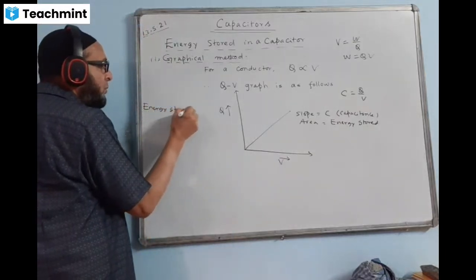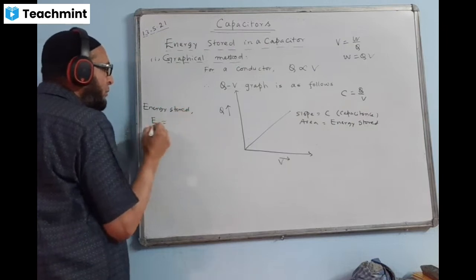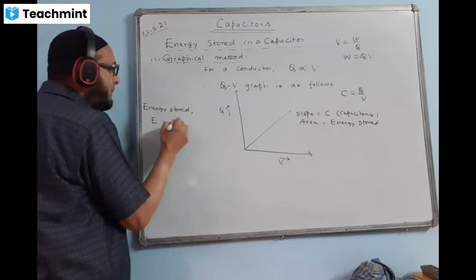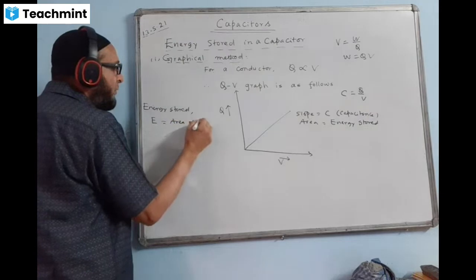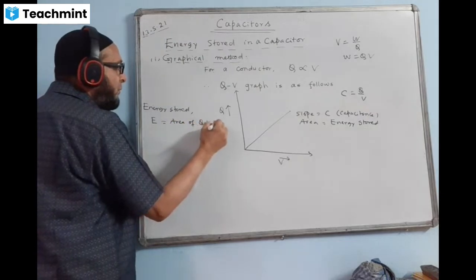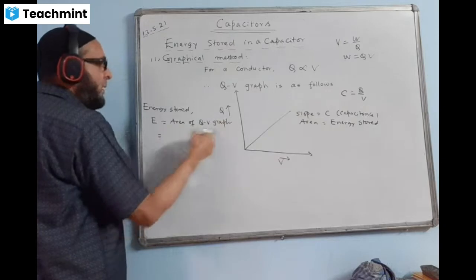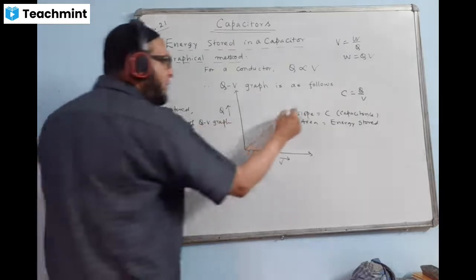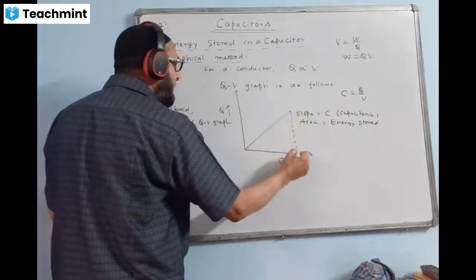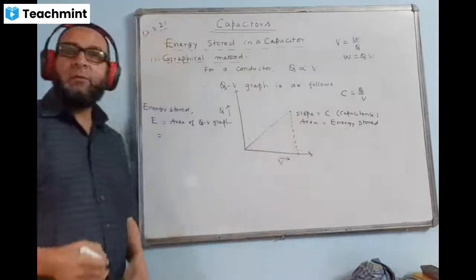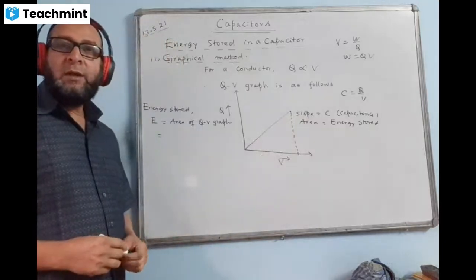Energy stored E is equal to the area of the QV graph. Let us draw the area. What kind of area do we get? A triangle is formed, so we must write down the area of the triangle.